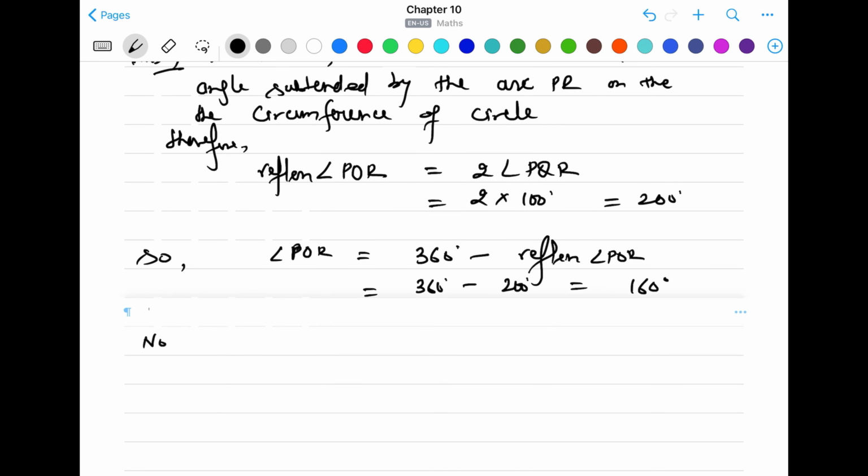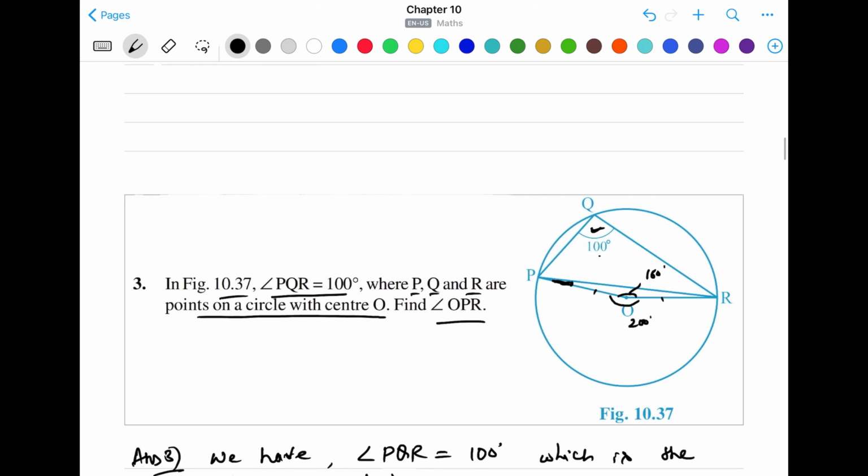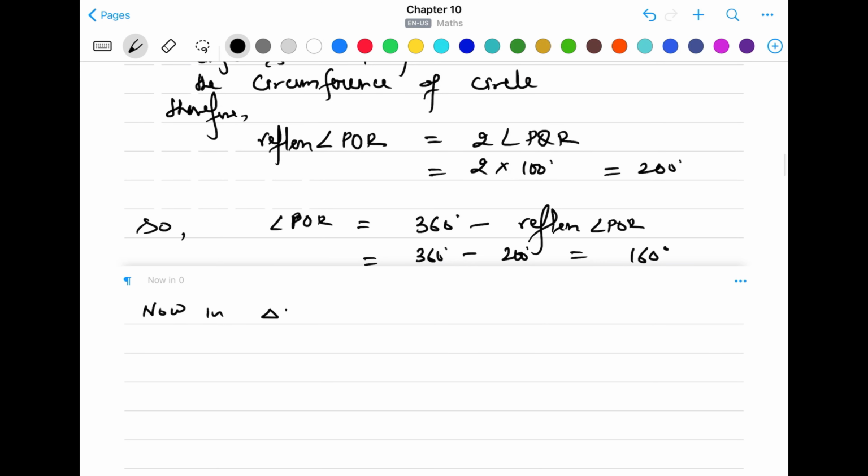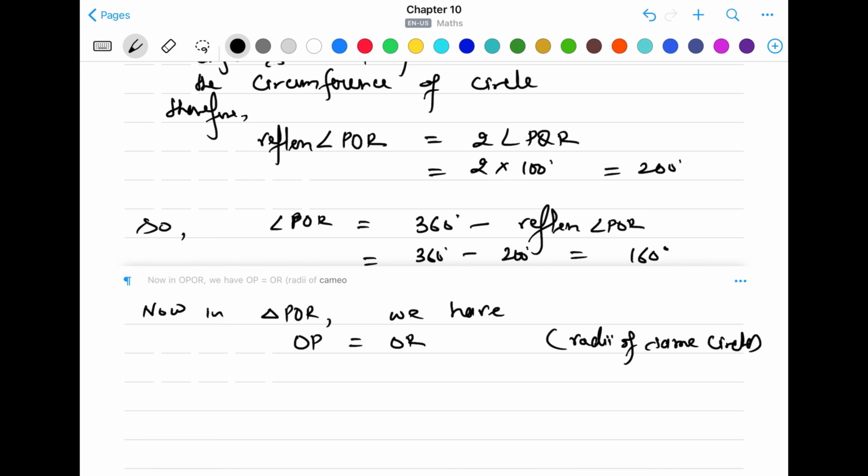All right, now we'll take this triangle OPR, or we can say POR. We have OP equals OR because they are the radii of the same circle.